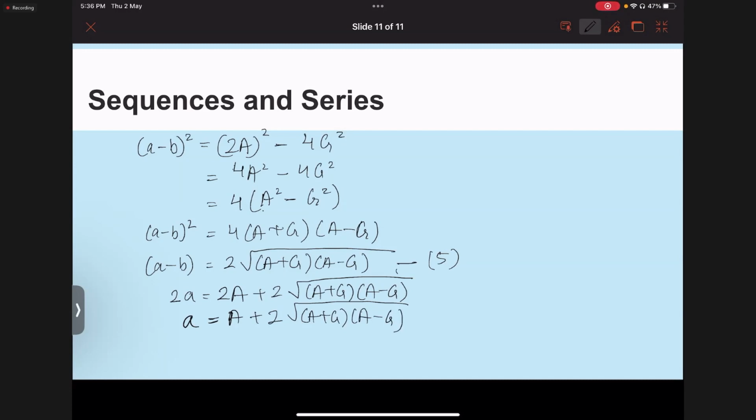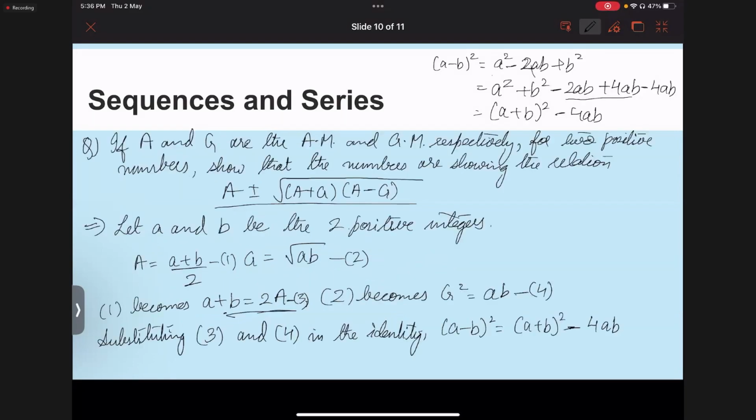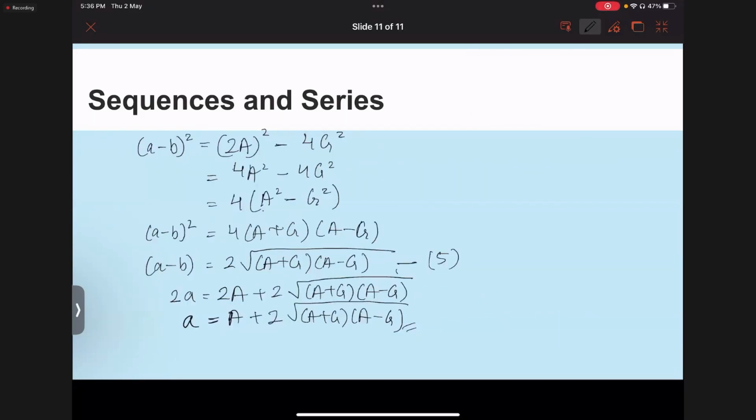Now this is the value for a. If you substitute your value of a in equation 3, so what we have is b.